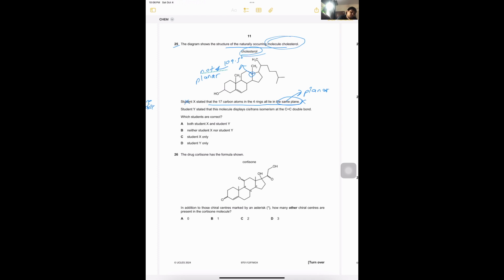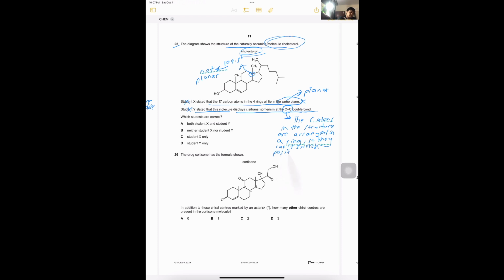Student Y stated that this molecule displays cis-trans isomerism at the carbon-carbon double bond. So for this, this is wrong. Why? Let me say. The carbon atoms in the structure are arranged in a ring, so they can't switch or change position.